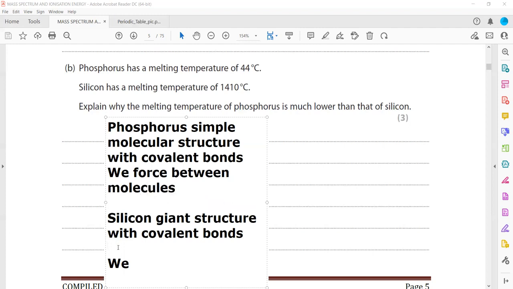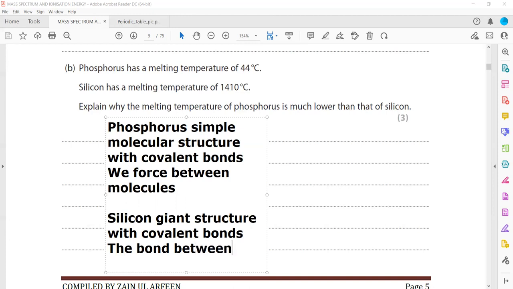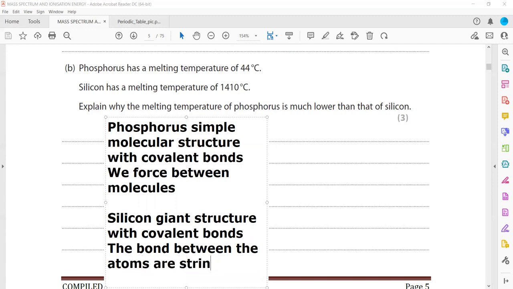In the case of silicon, they have a strong covalent bond, the bonds between the atoms are strong covalent.